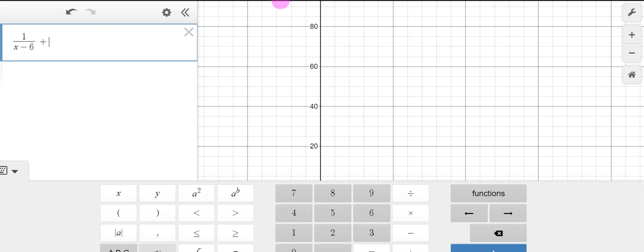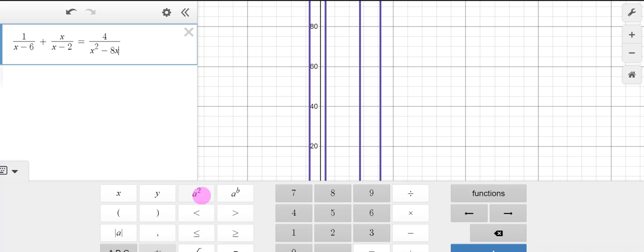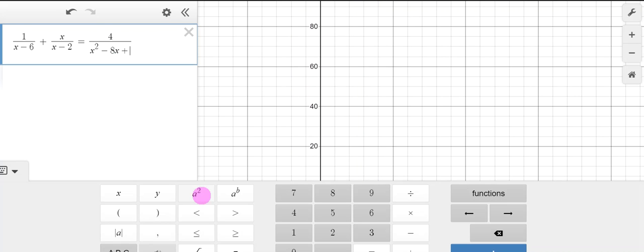X divided by 2 equals x squared minus 8x plus 12. Okay.